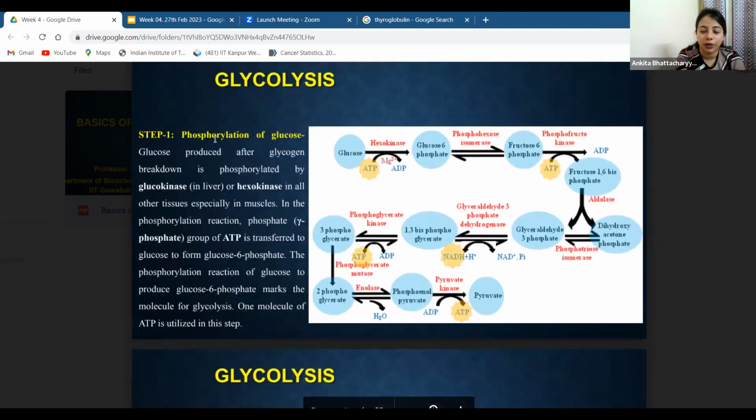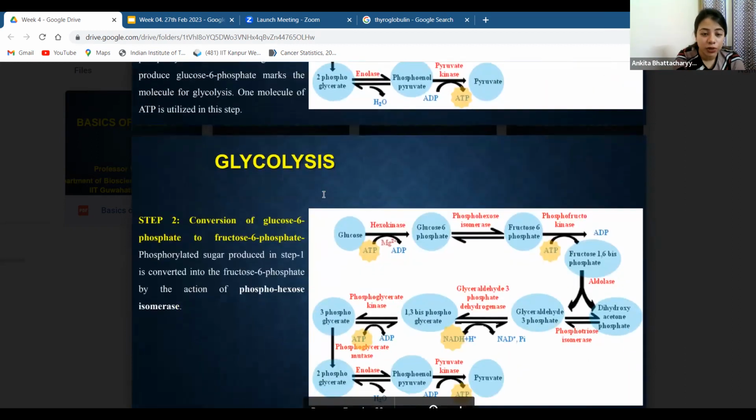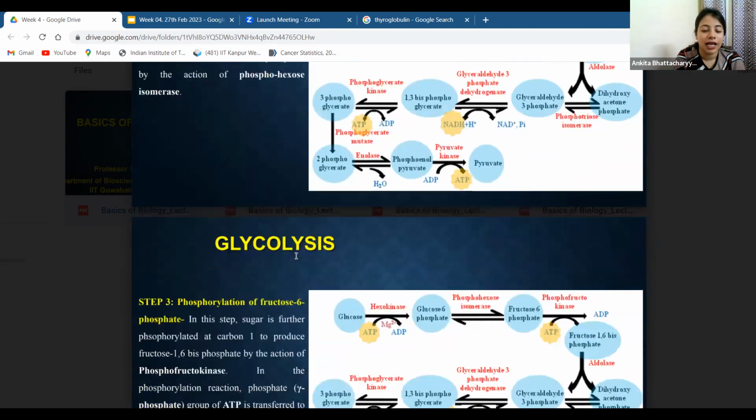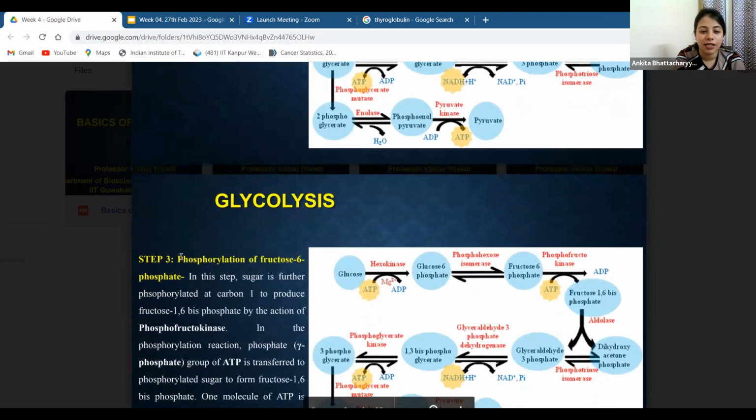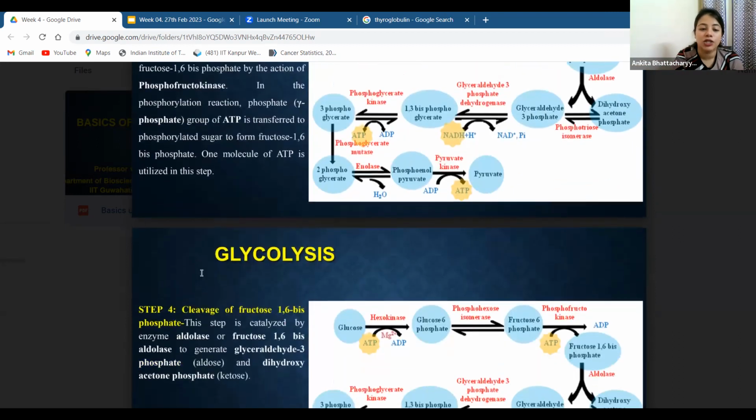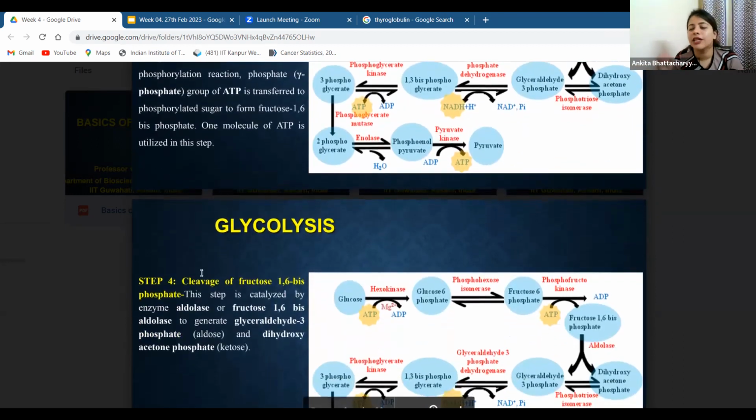So step 1 is glucose phosphorylation. Then step 2 is conversion of glucose 6-phosphate to fructose 6-phosphate. Step 3 is from fructose 6-phosphate to fructose 1,6-bisphosphate. Then comes the splitting or cleavage into GAP and DHAP, which are glyceraldehyde 3-phosphate and dihydroxyacetone phosphate.